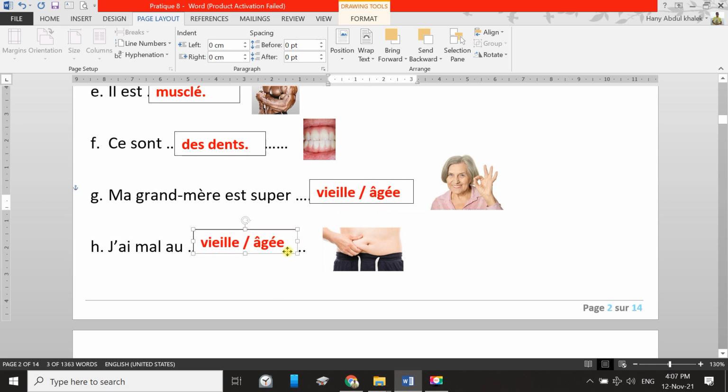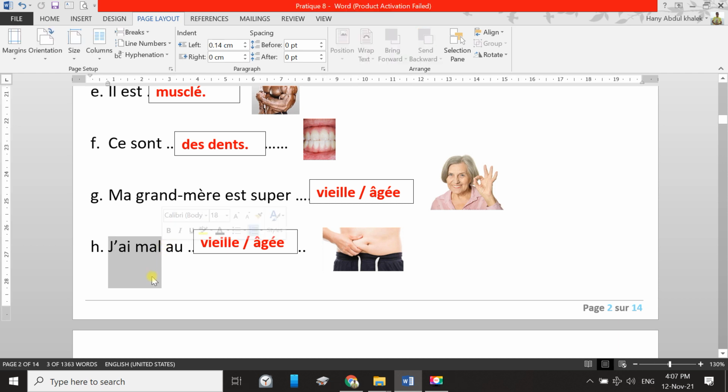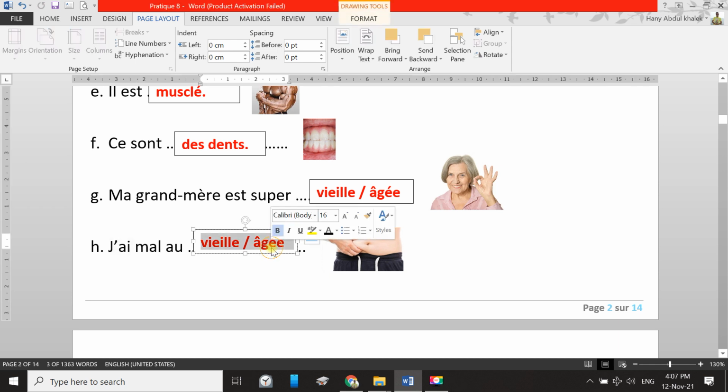J'ai mal, the expression avoir mal à, we explained it together in the workbook, or the activities book, when we were talking about the pain that we have maybe in our different organs or parties du corps, and we said here this is the belly, we say here au ventre. Okay, j'ai mal au ventre means I feel pain or I have pain in the belly. Okay, this is the meaning.